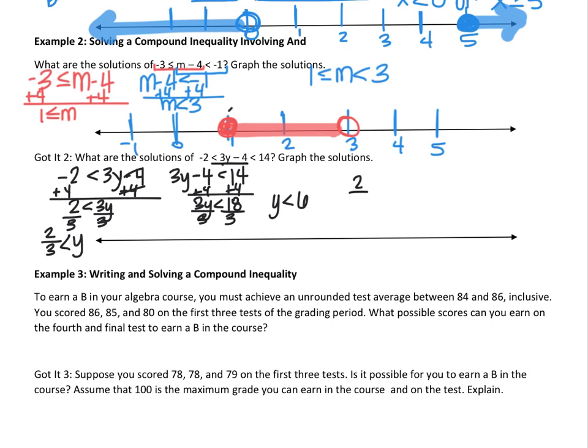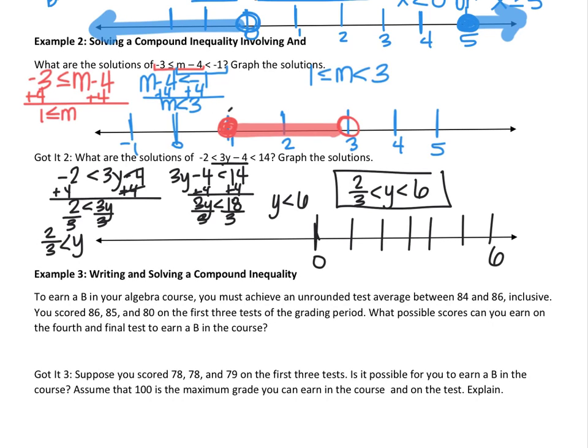You can then take your inequalities and put them together, so 2/3 less than y less than 6 is your answer. Then when you graph it, 2/3 is going to be an open circle 2/3 of the way between 0 and 1, and then another open circle on 6, and then we shade between the two because it's an "and."